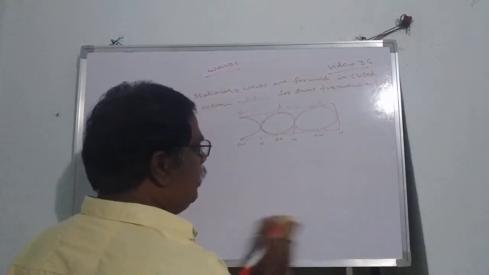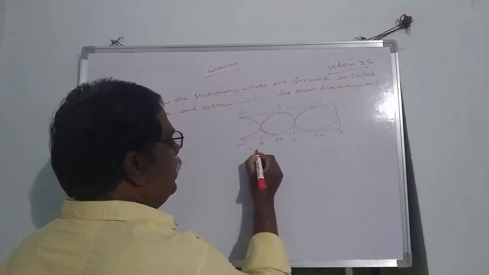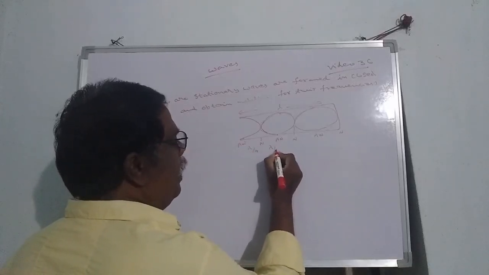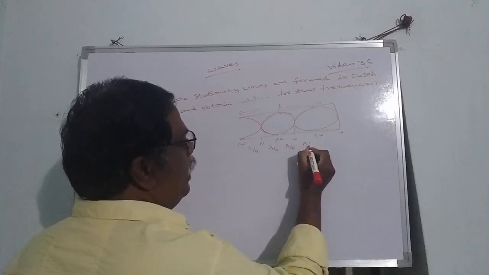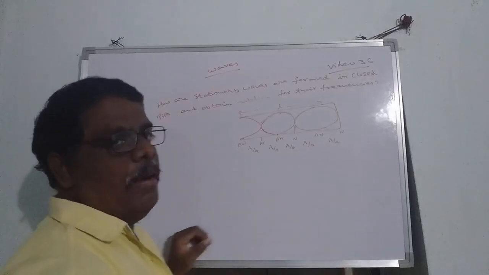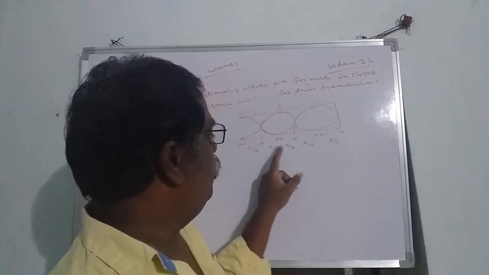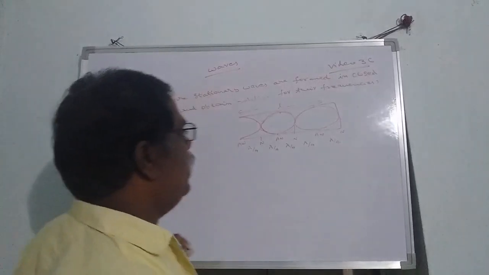Now for the length: antinode to node is lambda by 4, node to antinode lambda by 4, again antinode to node lambda by 4, node to antinode lambda by 4, antinode to node again lambda by 4. How many lambda by 4s are there? 1, 2, 3, 4, 5. That means 5 by 4 of the total length.